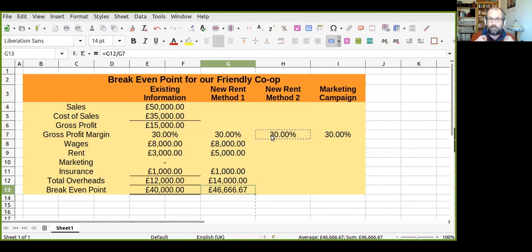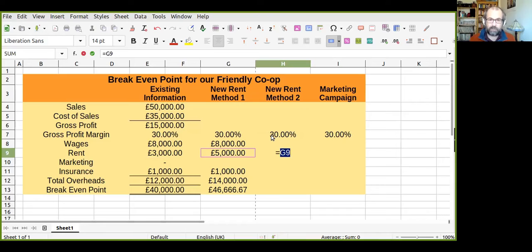The other way of looking at this is just to calculate what the extra turnover would be to cover the new overheads. Currently we have a rent of £3,000. The new proposed rent is £5,000. So the difference between those two is obviously £2,000.